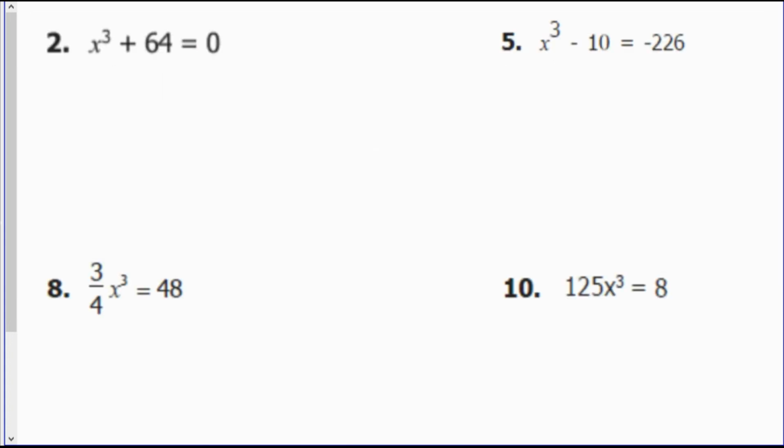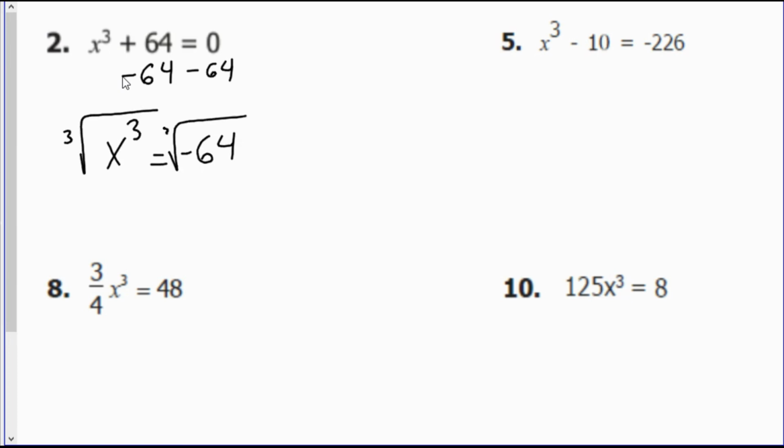Looking at examples 2, 5, 8, and 10, if we look at 2 first, I have x cubed plus 64 is equal to 0. Again, isolating my variable, I'm going to subtract 64 from both sides. So I will have x cubed is equal to negative 64. Now taking the cubed root of negative 64, that will give me x is equal to negative 4.